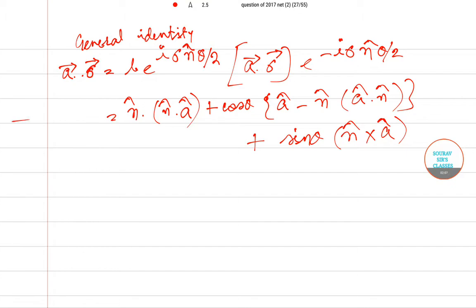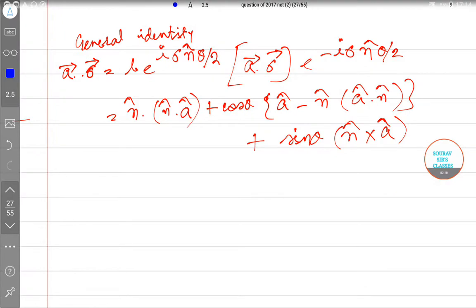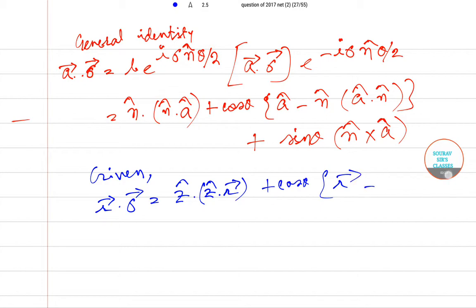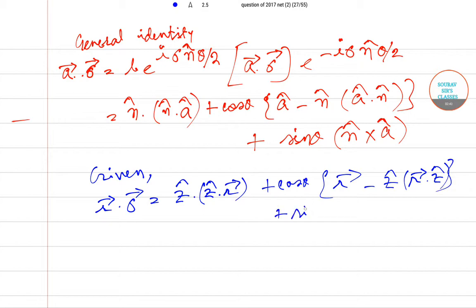So what is given in the question? This is given: r vector dot sigma vector is equal to z cap dot r cap into z cap, plus cos theta into r vector minus z cap into r vector dot z cap, and the third one is plus sin theta z cap cross r vector.